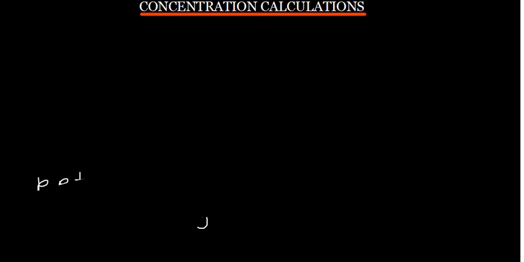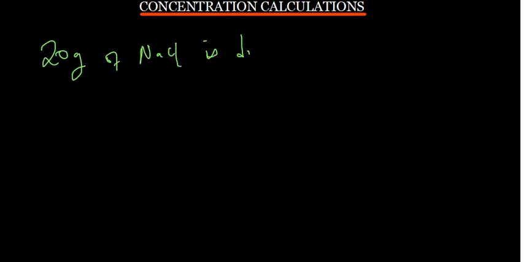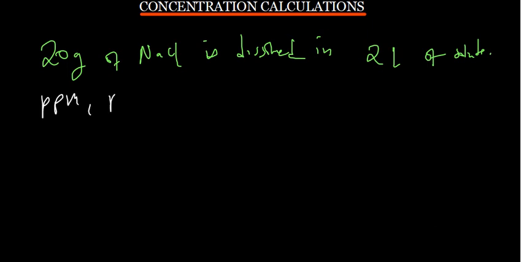Let's just give one example on this. Let's say 20 grams of sodium chloride is dissolved in, let me say, 2 liters of solution. Calculate the concentration in parts per million, parts per billion, and parts per trillion. Okay, let's calculate these types of concentrations.